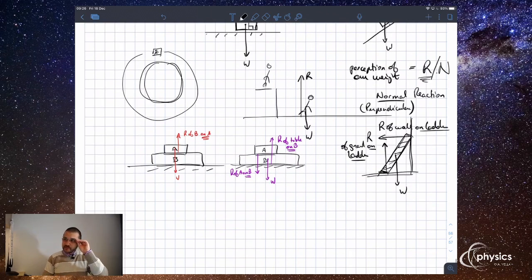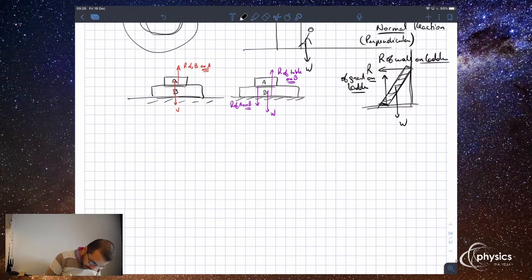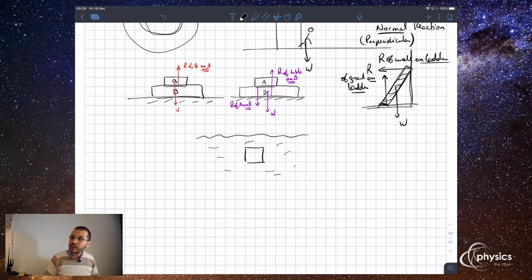Now, what happens if the object is not touching another solid object, but it's touching something else? What happens if the object is immersed or partially immersed in a fluid? In this case, you have another type of force, which is called the upthrust.